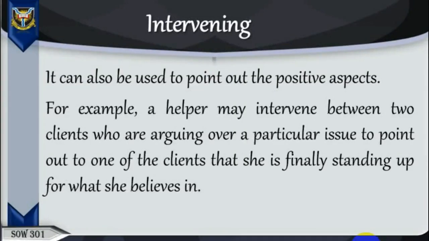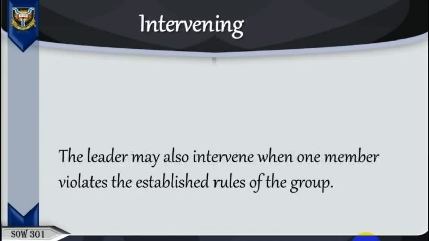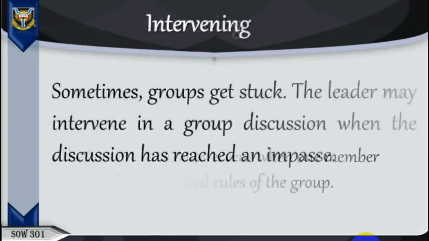For example, a helper may intervene between two clients who are arguing over a particular issue to point out to one of the clients that she is finally standing up for what she believes in. The leader may also intervene when one member violates the established rules of the group.